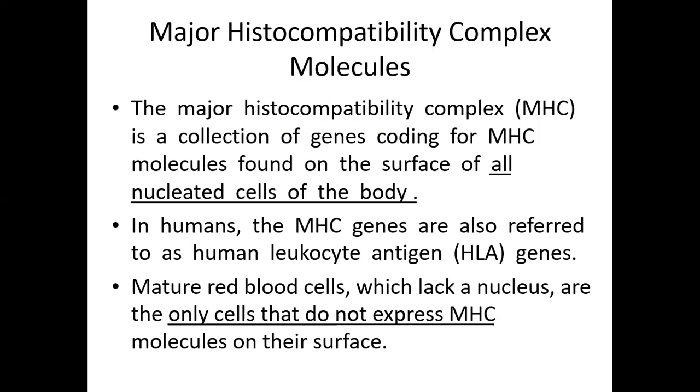Mature red blood cells, which lack a nucleus, are the only cells that do not express MHC molecules on their surface. You should notice that all cells in the human body contain MHC on their surface, except one cell, erythrocytes.